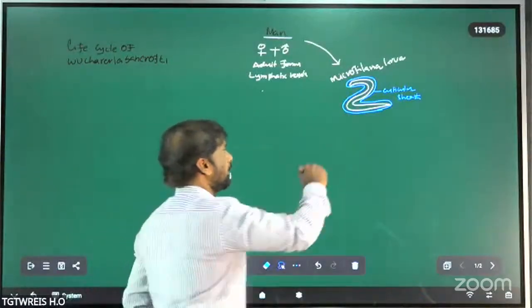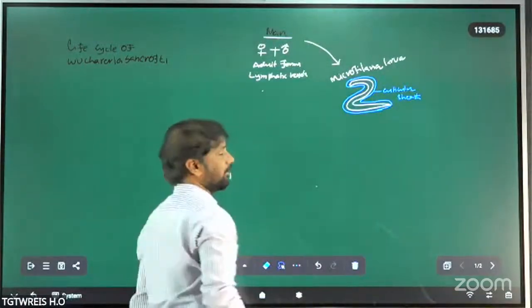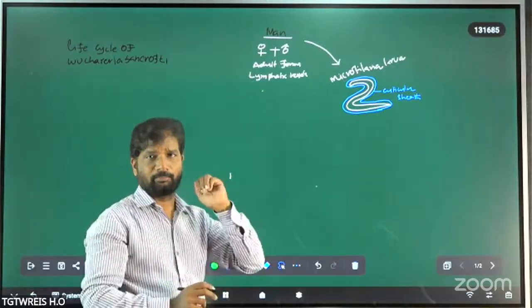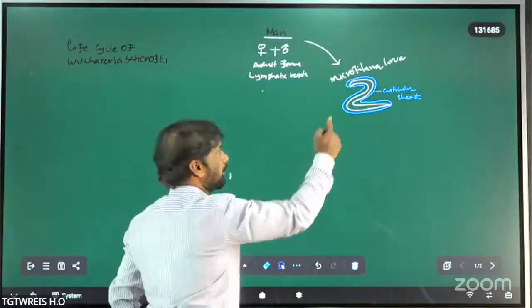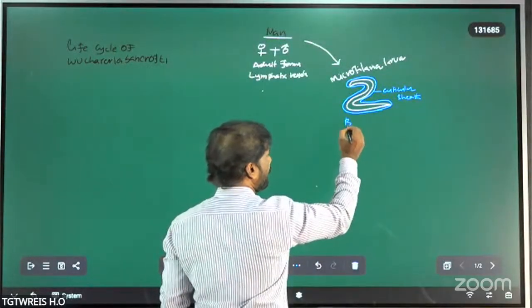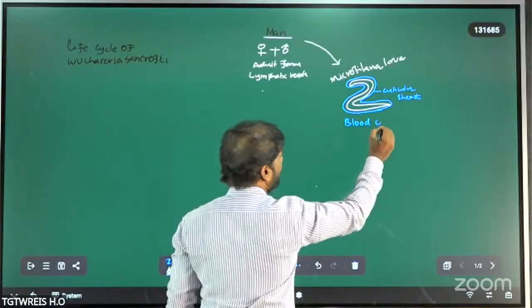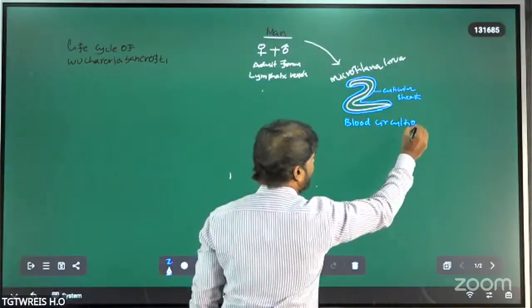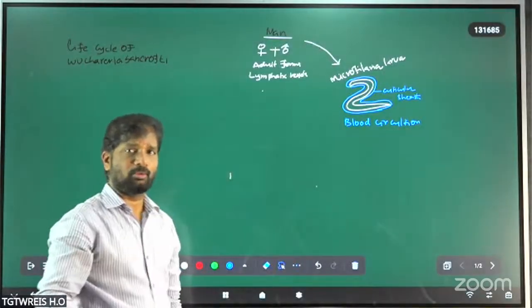Okay, now these microfilaria larvae are released by these adult forms. So where are these microfilaria larvae present? In the blood circulation of a human being.